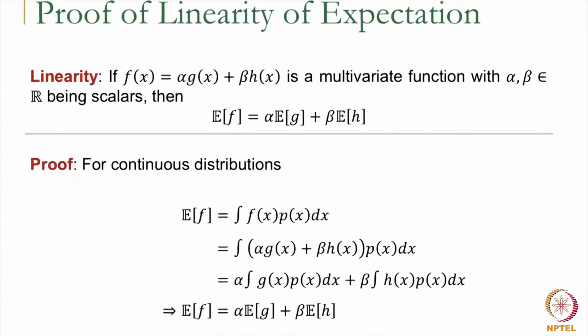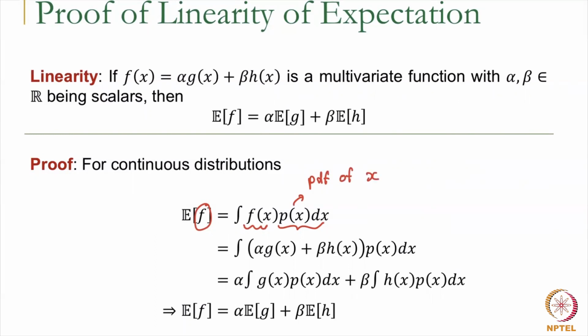Here is a quick proof of this. This will look like a complicated proof, but it is not. So we just go directly with the definition. The definition was this: if I have a function f, then expectation was defined as the integral of f of x multiplied by p of x dx, where p of x is the PDF of x.